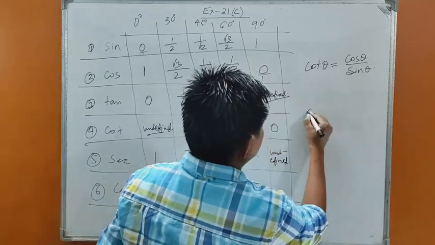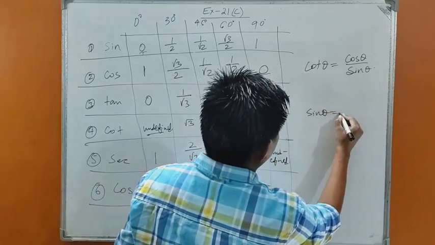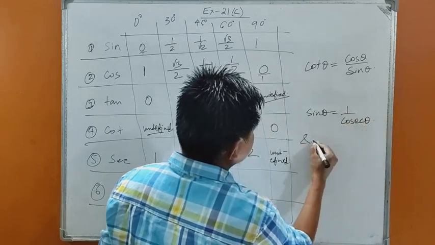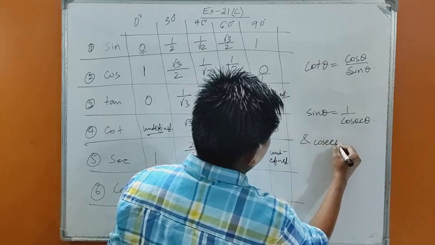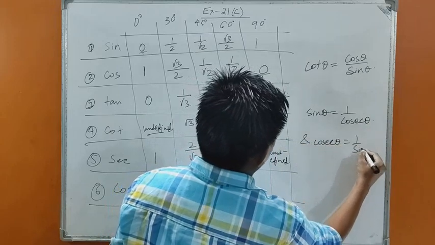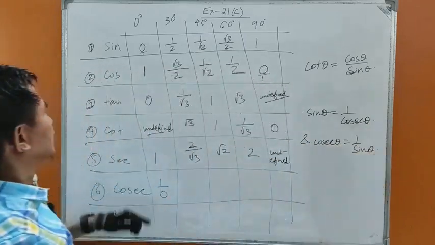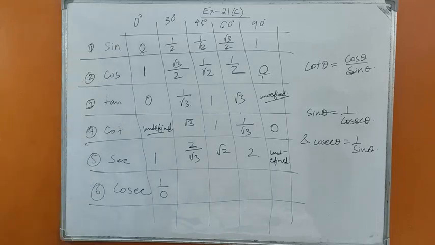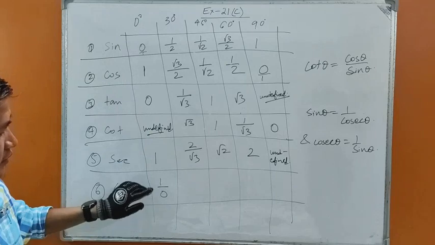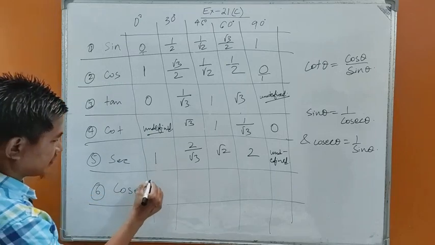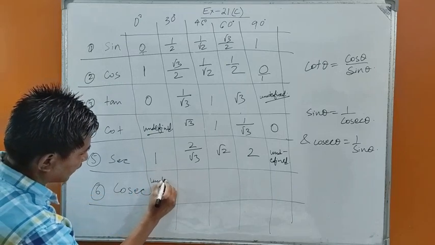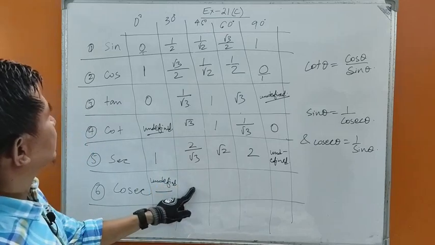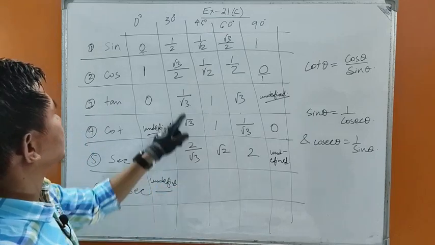We know this: sine theta equals 1 upon cosec theta, and cosec theta equals 1 upon sine theta. So this 1 goes to the numerator and this 0 comes down to the denominator. So 1 upon 0 means undefined.